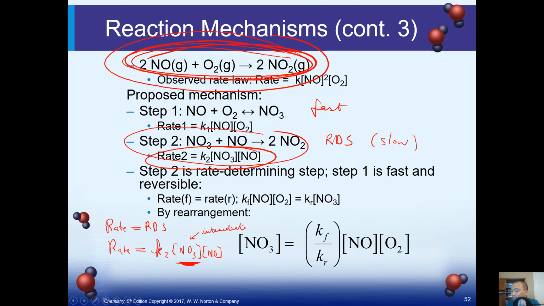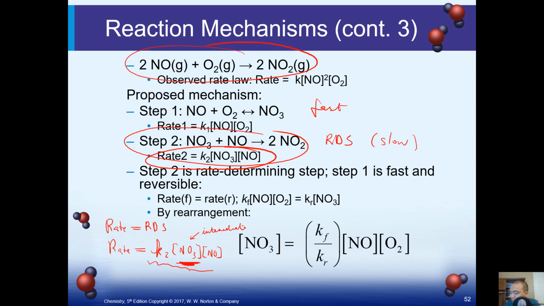We must convert the intermediate concentration to concentration terms that are part of the overall reaction. It must be part of the overall reaction, any concentration terms inside the rate law. For this reason, we have to find the intermediate concentration NO3 and try to relate it to the other concentrations. So how do we do it?